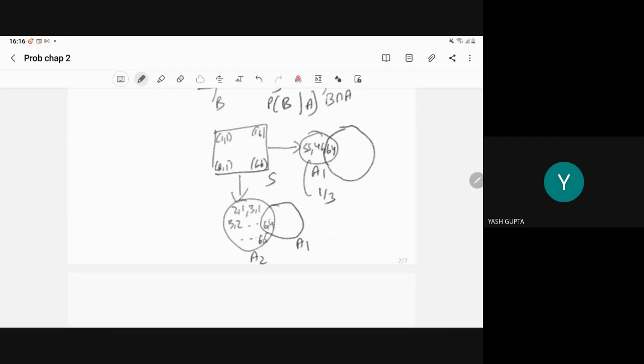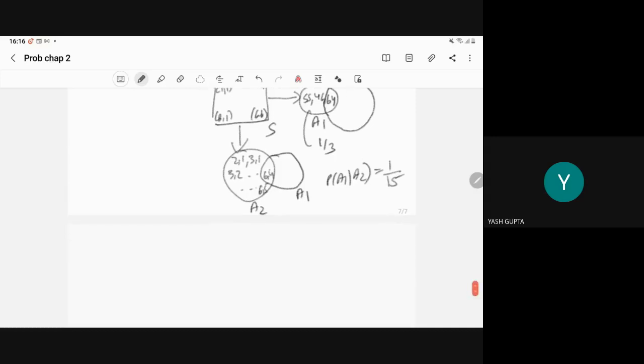So what is the probability of A1 given A2? It means only one sample point out of the 15 sample points. Or it is the probability of A1 intersection A2 divided by the probability of A2.